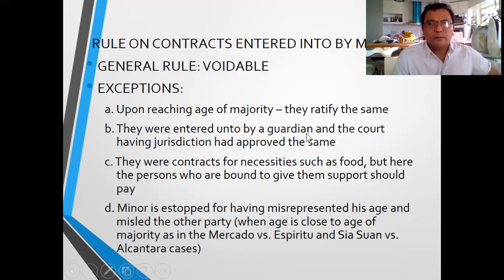Number two, the contract was entered into by a guardian, and the court which has jurisdiction approved the sale. So the guardian of the minor entered the contract on behalf of the minor, and the court approved it.